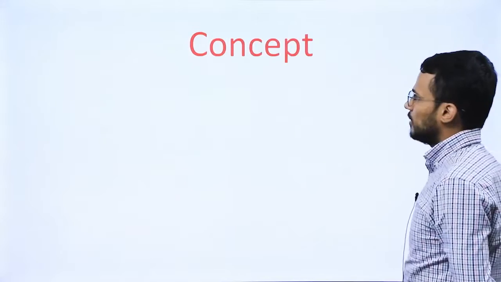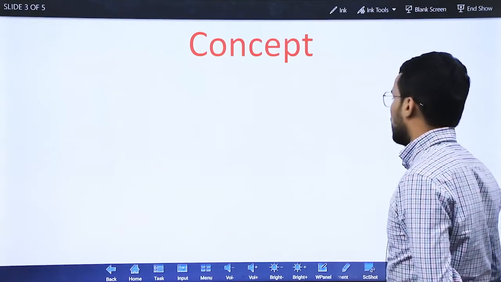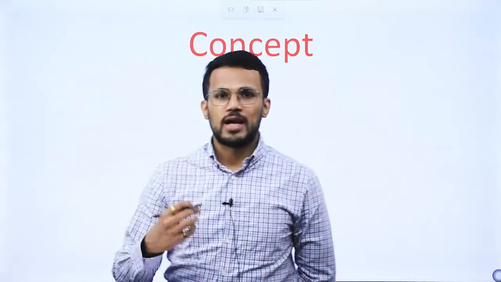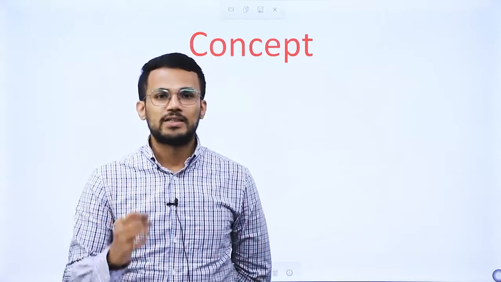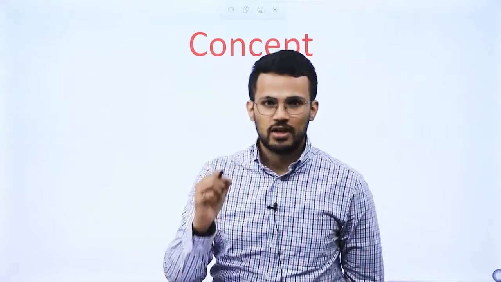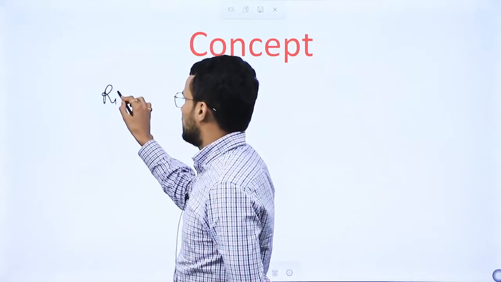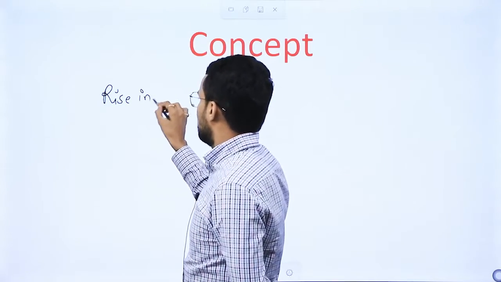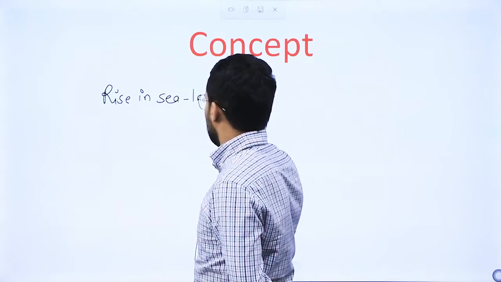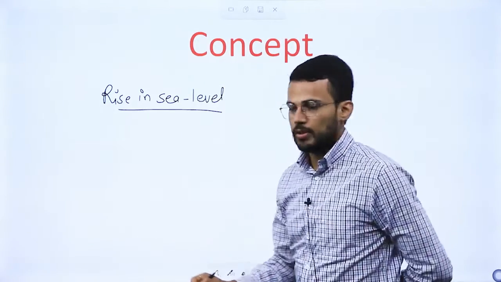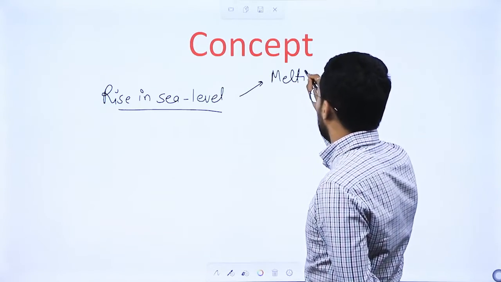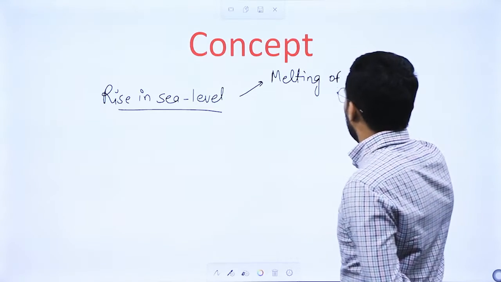So the concept involved in this particular case is rise in sea level. We know that due to climate change or global warming, there is melting of glaciers, and as a result of melting of glaciers, we are able to see rise in sea level. So rise in sea level is a direct result of global warming, and it can be attributed to melting of glaciers.